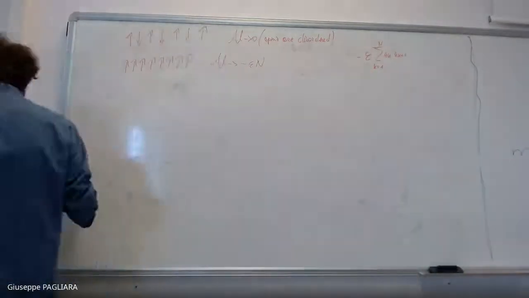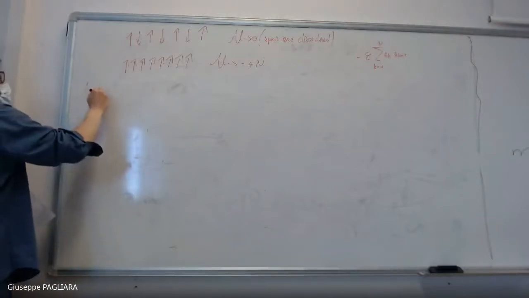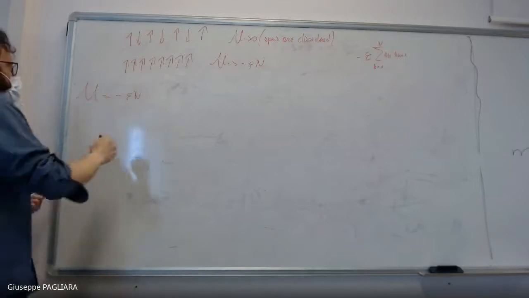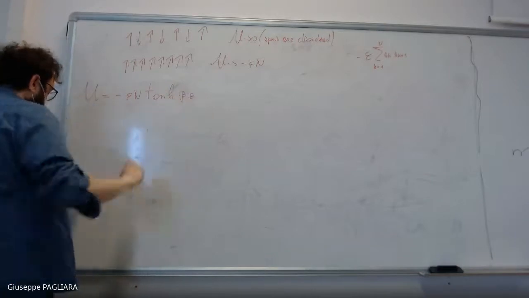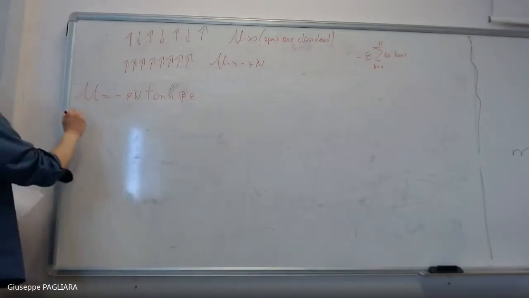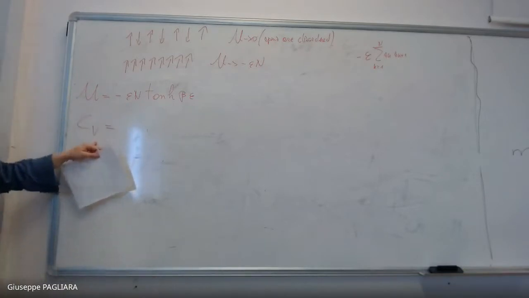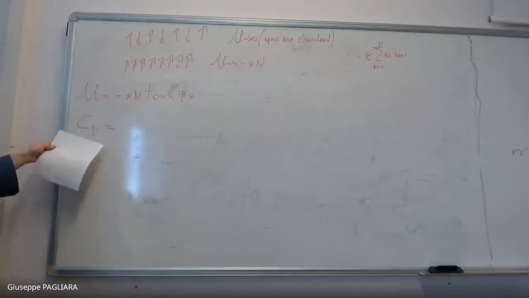Well, actually, in this case it's easy because U is minus epsilon N times the hyperbolic tangent of beta epsilon. This was U. And the specific heat, here just by tradition I write a fixed volume, although here the particles are fixed, so there's no volume as a variable. I cannot change the volume.